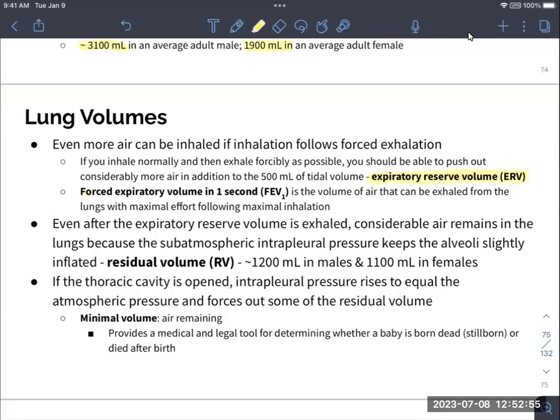This forced expiratory volume in 1 second is what we tend to measure with those spirometers. It's how much air you can breathe out after a maximal inhalation.